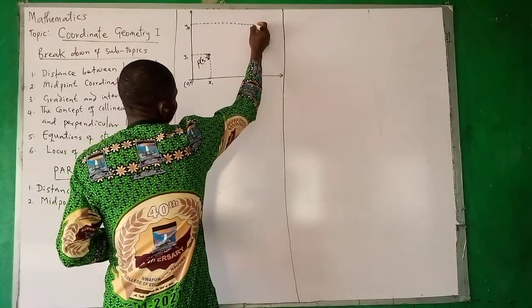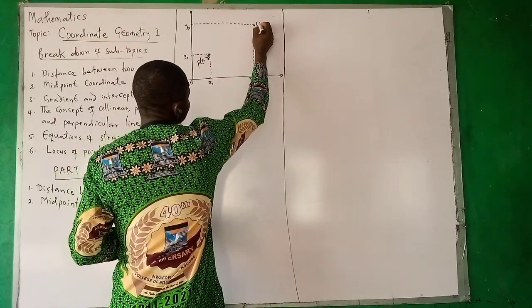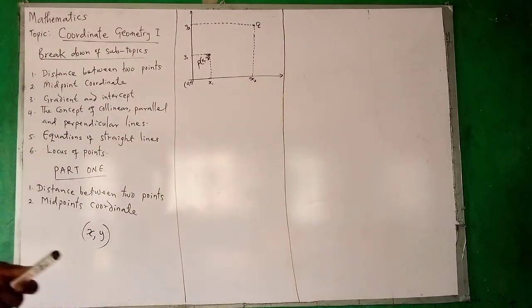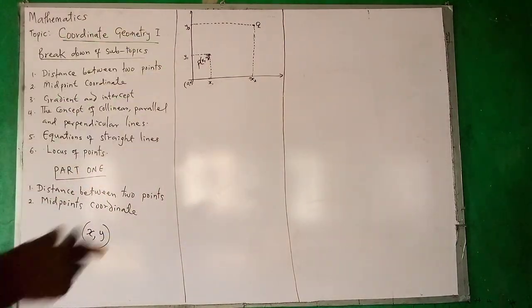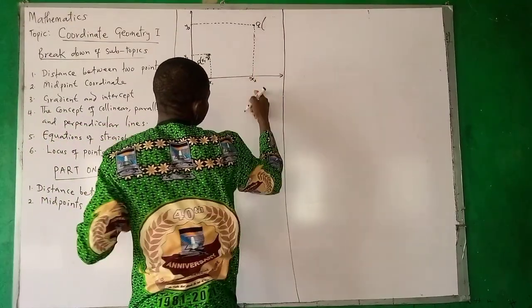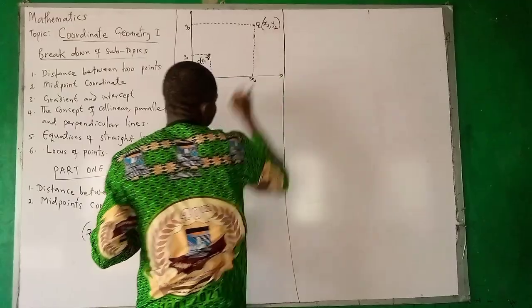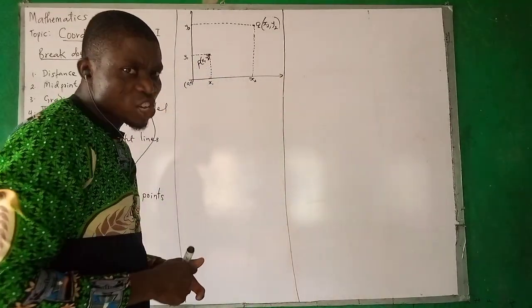Right? We call this place Q. Call the point Q. Now, what is the coordinate of the point Q? The coordinate is x2, y2. Are you following me?